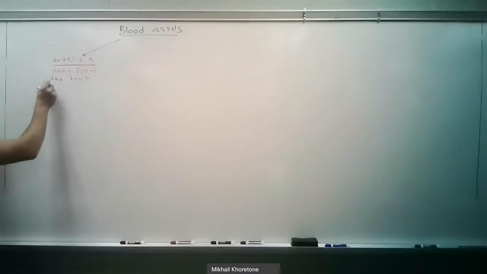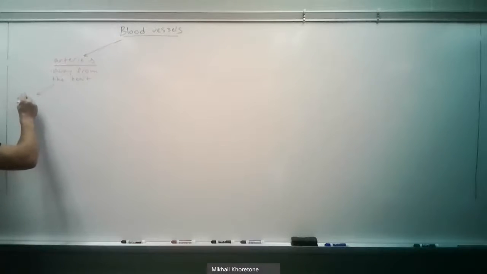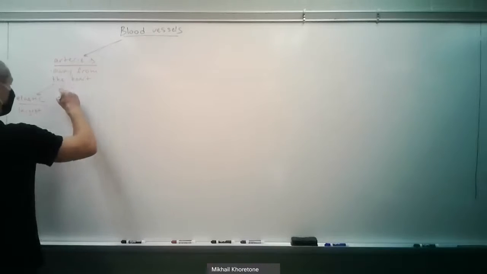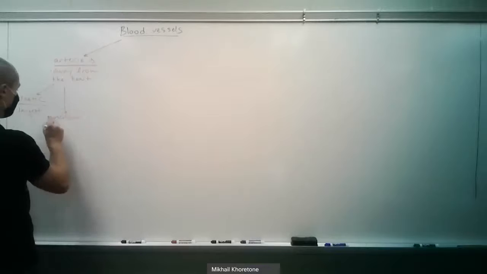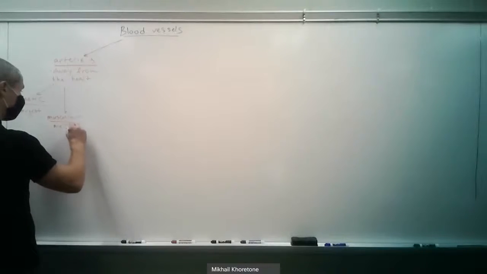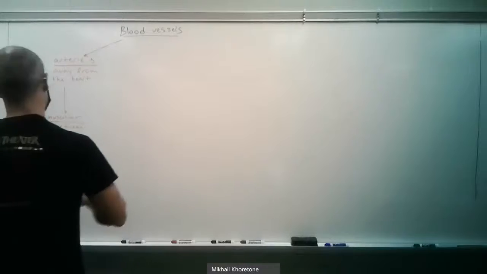There are three types of arteries. Elastic, they are the largest. Muscular, medium size, let's put it this way. And arterioles.